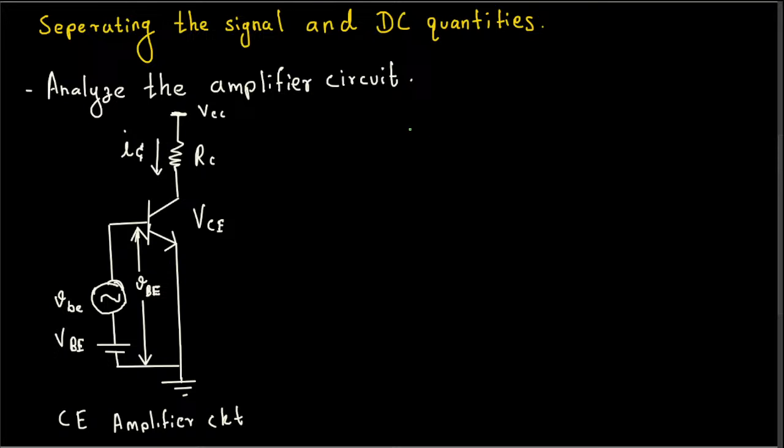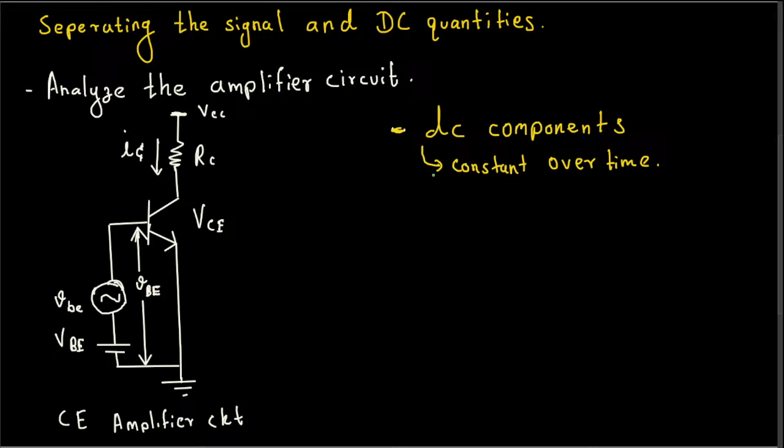So if you look at that, there will be a DC component in this one, and a DC component is nothing but it's constant over time. And if you look at it, the AC component will be changing with time. AC components are also called signal components.